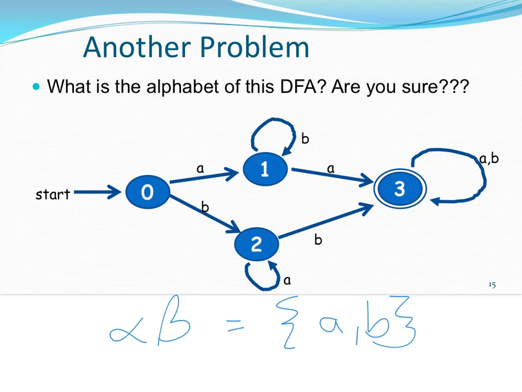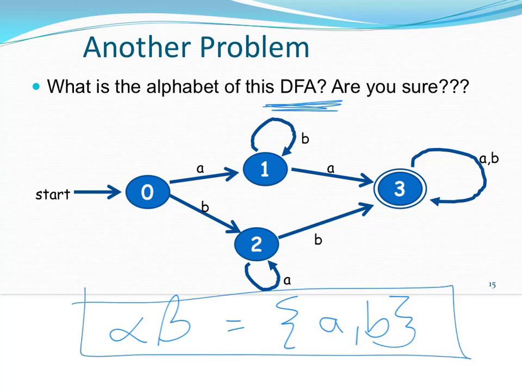Maybe it's just that I don't use C's, but C's are in the alphabet. But in a DFA, I know that I have to have an out transition for every letter of my alphabet, and since this is a DFA, the alphabet must be just these two symbols.